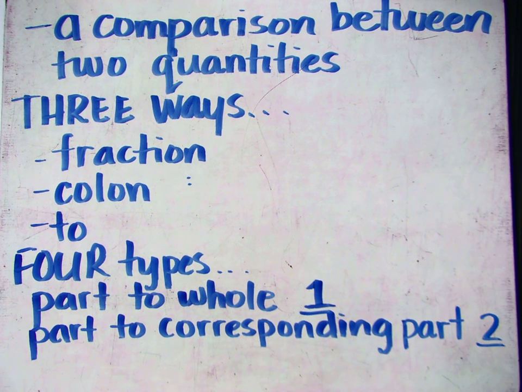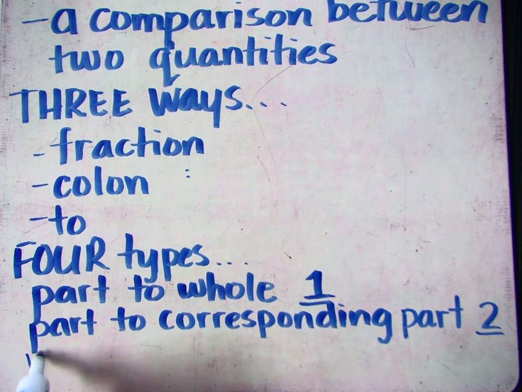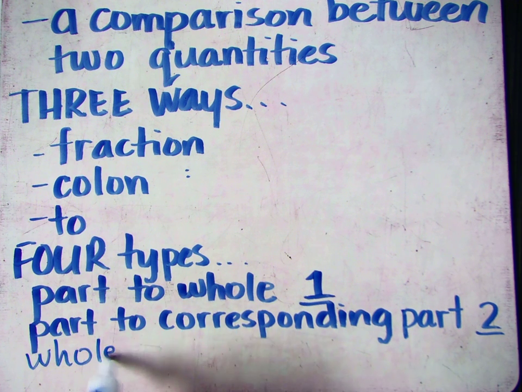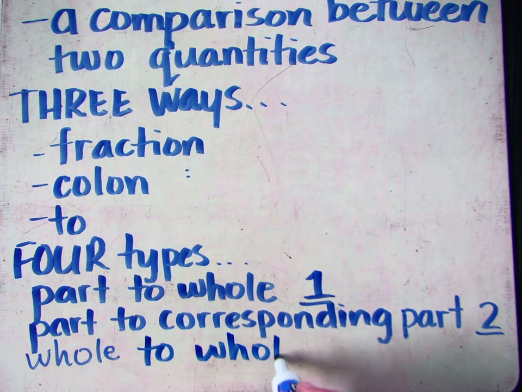And don't worry, if you don't know what corresponding is, when we do our lesson tomorrow, I'll make sure that I explain corresponding. The next type is whole to whole. That also takes two sets of data.